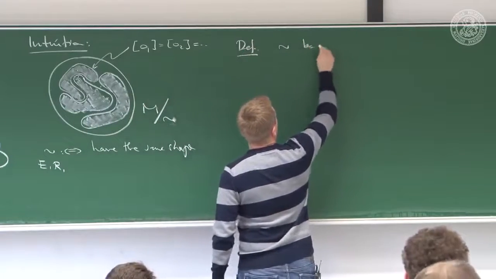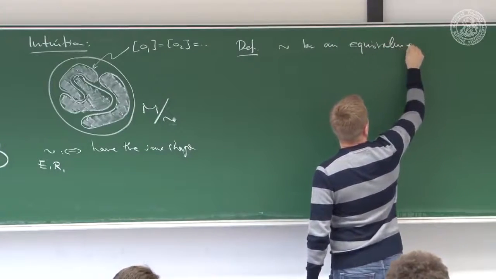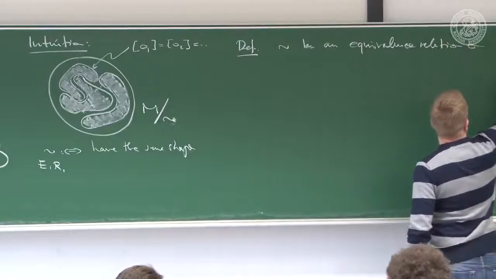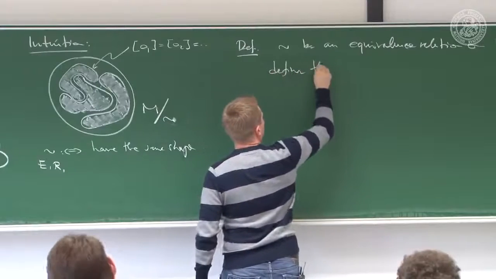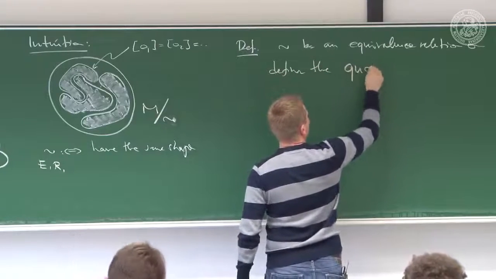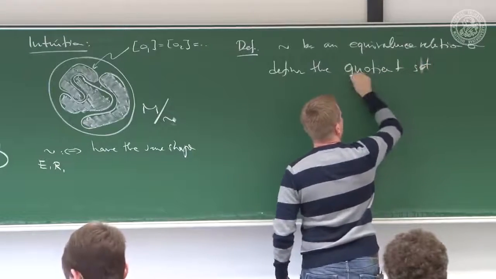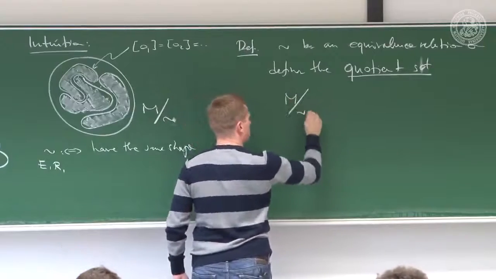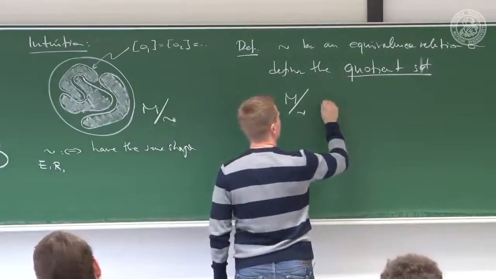Okay, so there we have a formal definition. Let twiddle be an equivalence relation on M. Then we define the so-called quotient set. I already introduced the symbol. It's M modulo twiddle. Looks very dangerous, but it's very simple.